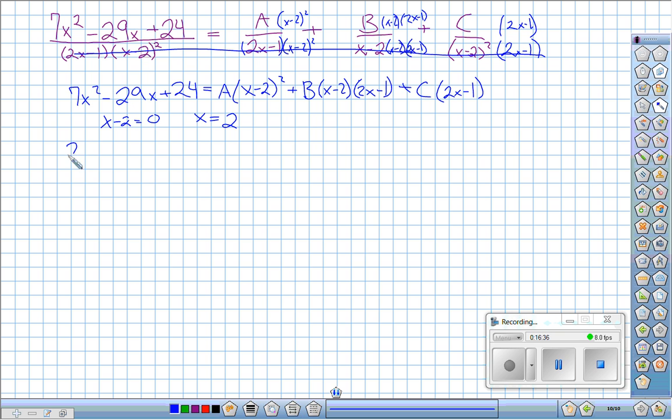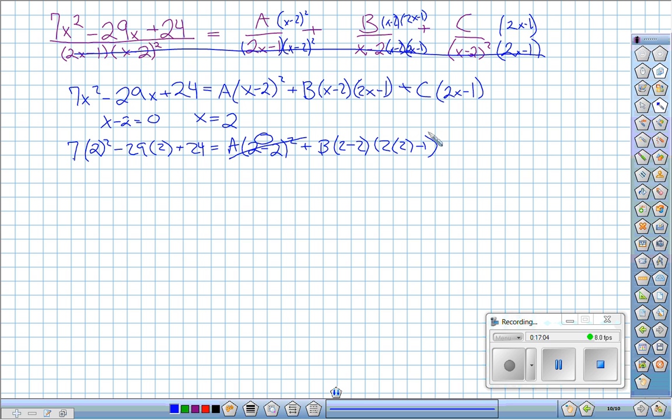So I'll have 7 times 2 squared minus 29 times 2 plus 24 equals a times 2 minus 2 squared, which is all going to go to 0, plus b times 2 minus 2 times 2 times 2 minus 1.